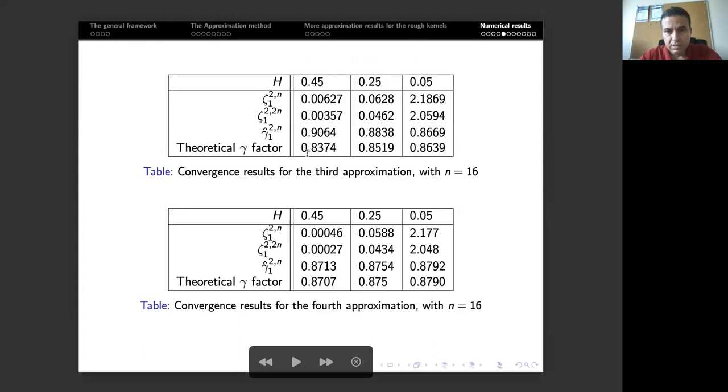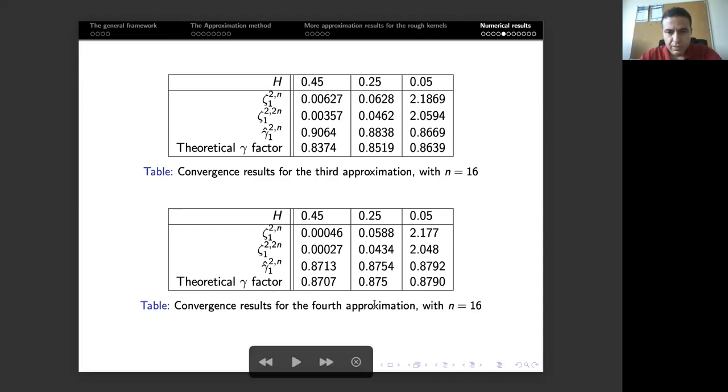The last line is the theoretical one, and the last but one line corresponds to our approximated rate that we can observe numerically. We have a good approximation of this rate, which confirms our theoretical result.